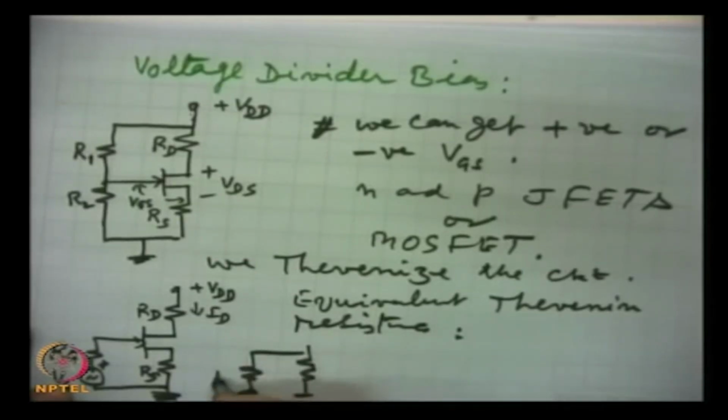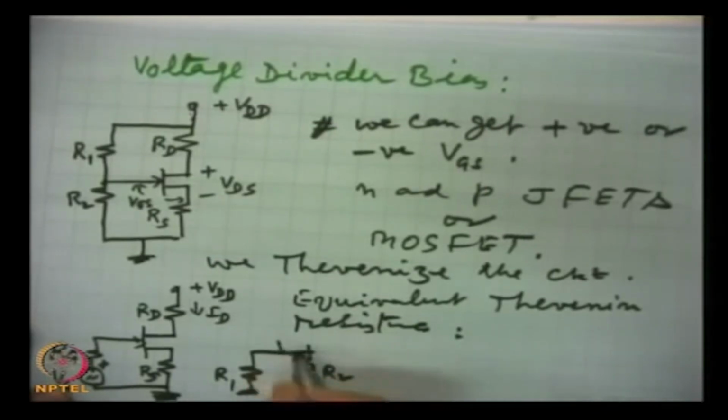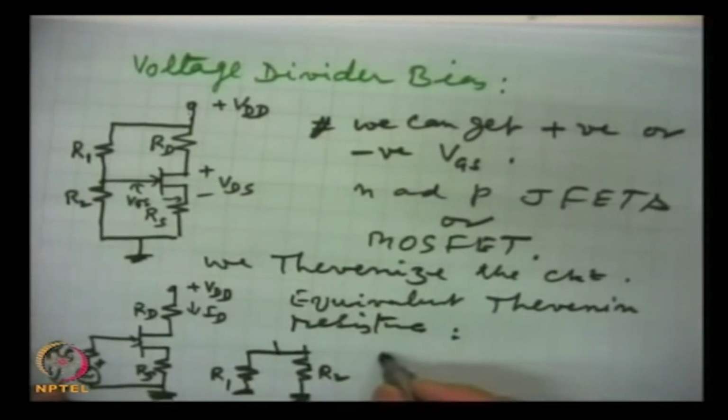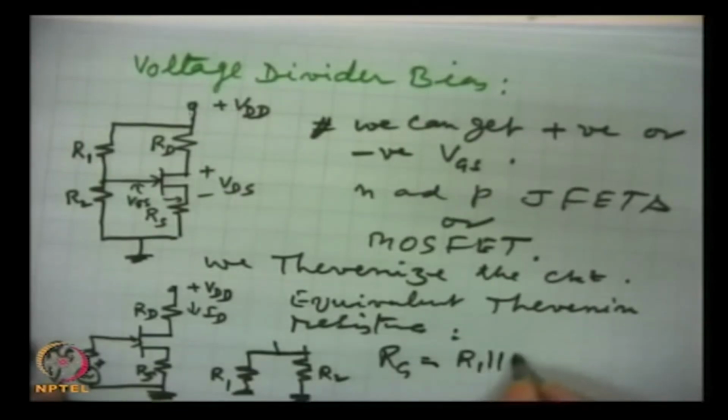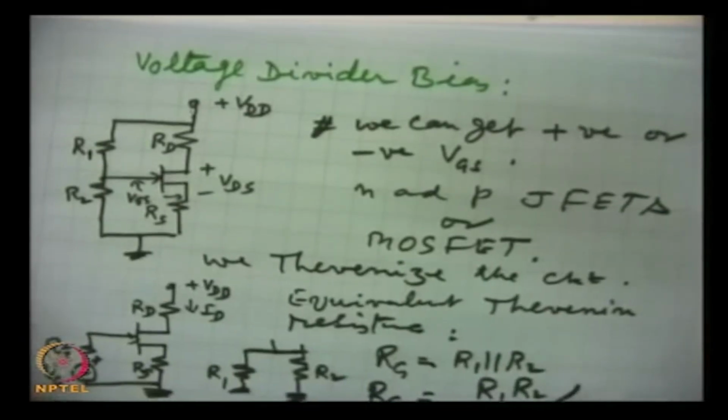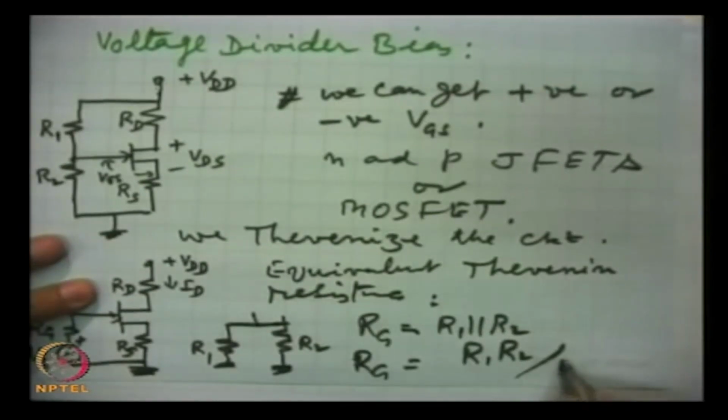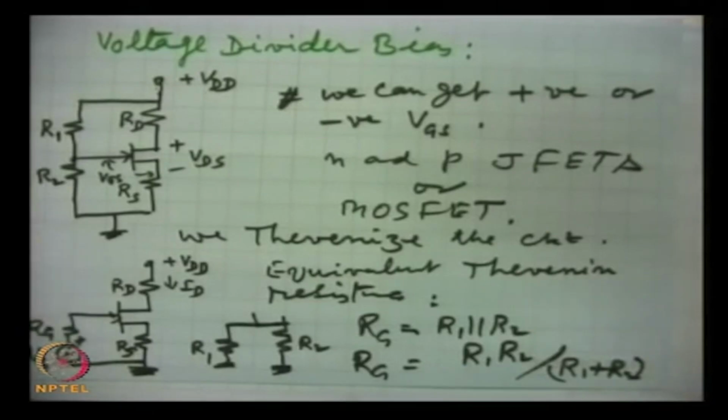This is R1, this is R2. So as far as this point is concerned, this Thevenin's resistance is equal to the parallel combination of these two resistances, which is RG is simply R1 R2 by R1 plus R2. This is Thevenin's equivalent resistance.